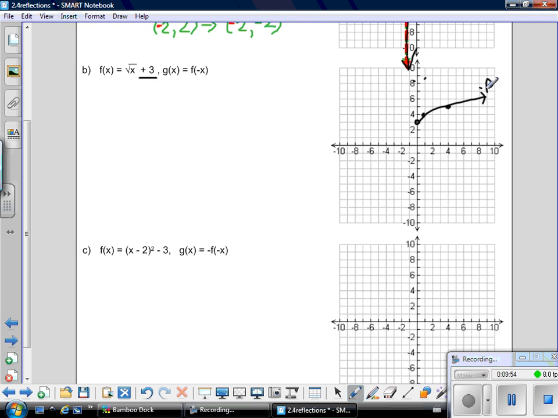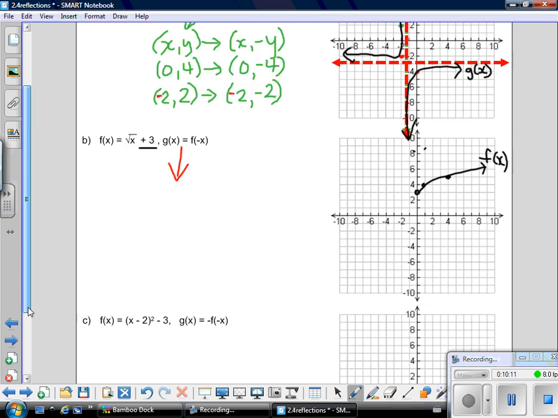And then our next one tells us what they want us to do. Now in this case, they want us to take the function f of x, and we're going to replace some of the values here.